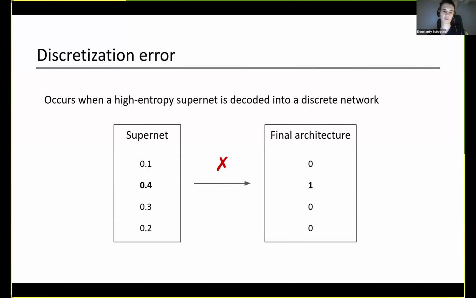And here we show a toy example where we try to discretize a high entropy architecture, and it leads to some errors. Ideally, we would like our supernet to have a low entropy architecture so that this procedure does not induce any additional errors.